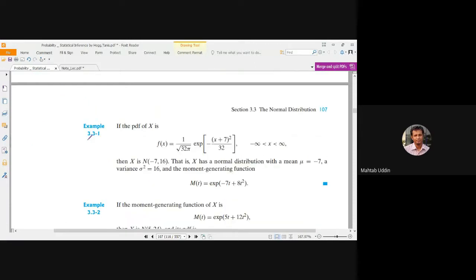Now we'll find the conversion. You can see here, you can write this. What can I write here? You can write 1 by 4 root 2 pi, since 16 into 2 gives 4 root 2 pi.